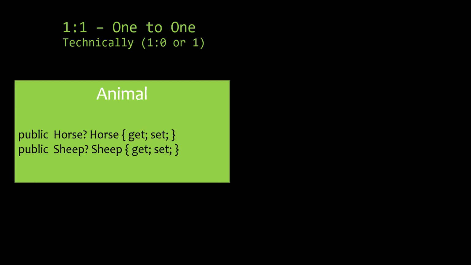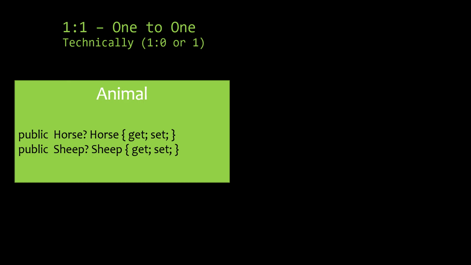Okay, just thought I'd share one more example. This is not one we're going to use so much directly, but it's another situation where one-to-ones come into play. Let's suppose we have a general animal class. Now, different types of animals have certain properties that are unique to the type of animal. So if our animal was a horse versus a sheep, there might be additional properties that we would have just for horse.